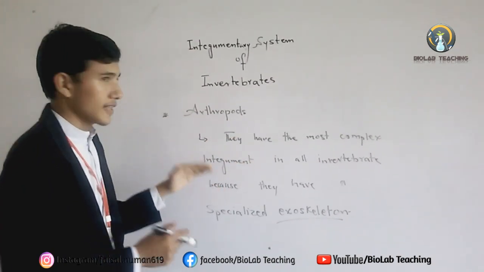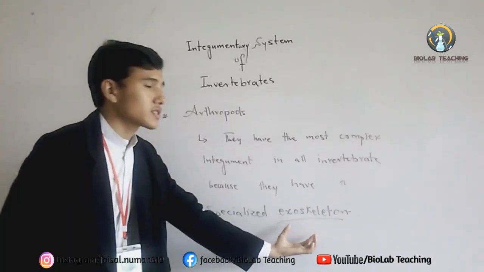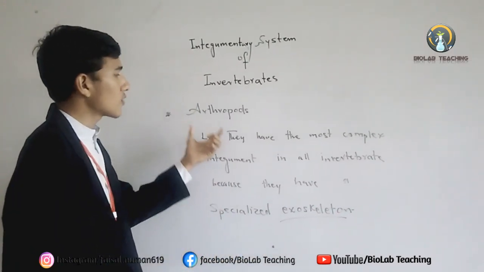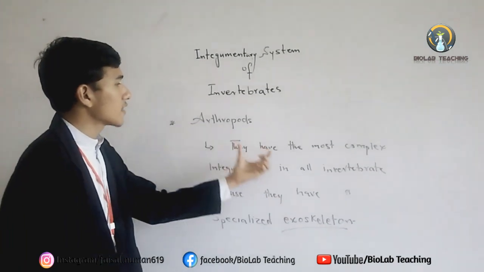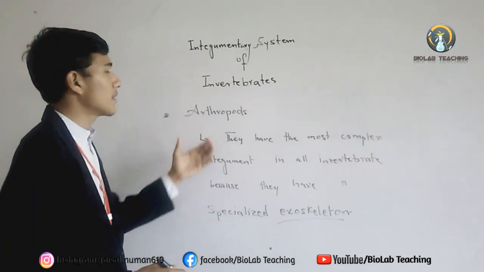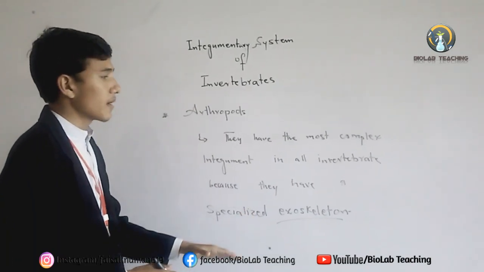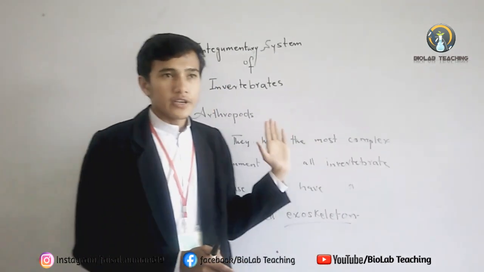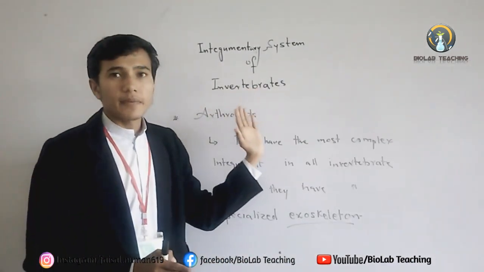This means that among all invertebrates, arthropods are the phylum that has the most complex integument in their body because of the specialized exoskeleton present in arthropods. That's why they are the most complex integument holders. So this is the overview of the integumentary system of invertebrates.